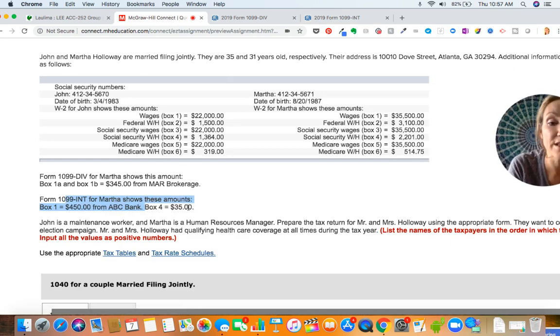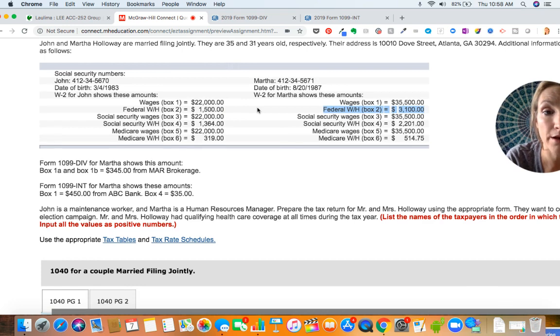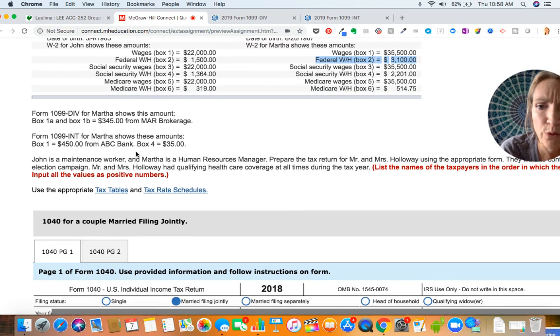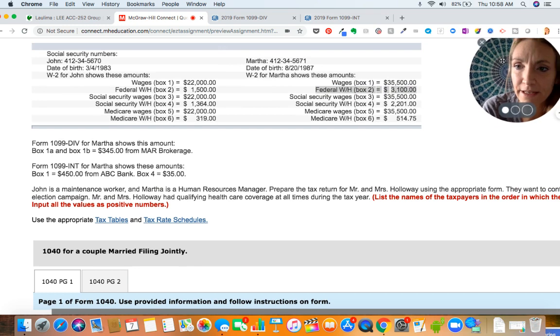So what are we going to do with this box 4 amount, this $35? This is going to get added in to our box 2s from their W-2s for working. They're all going to be payments made for the taxes. We'll go over the appropriate line in a second.